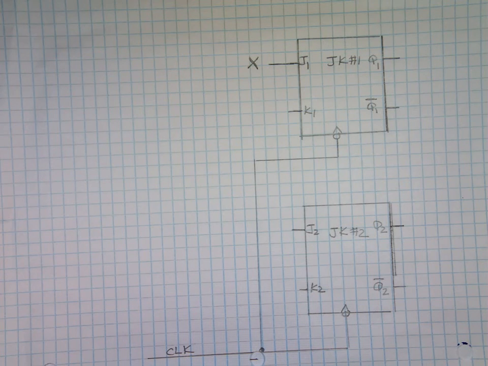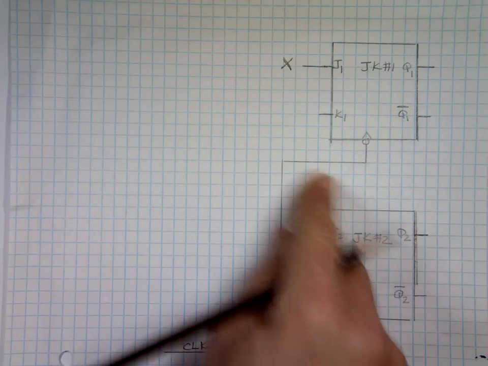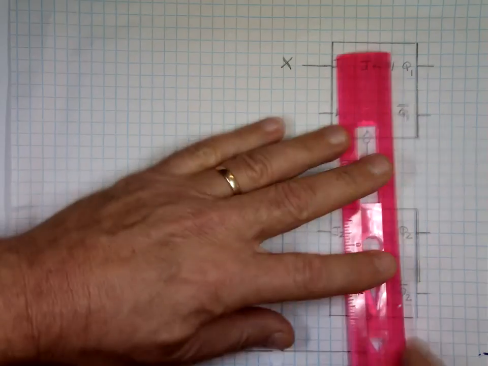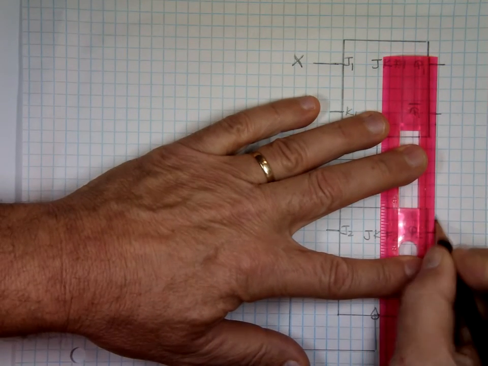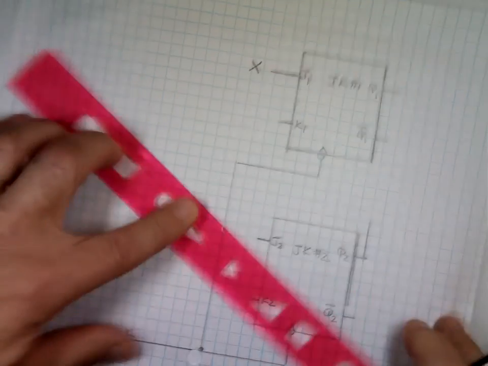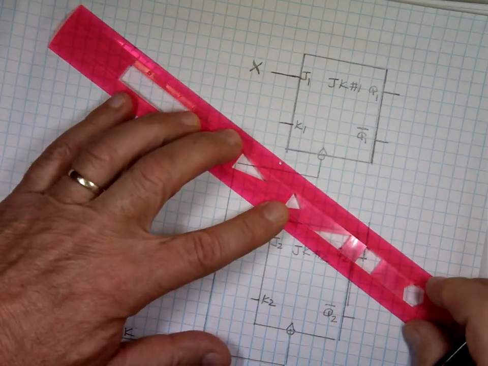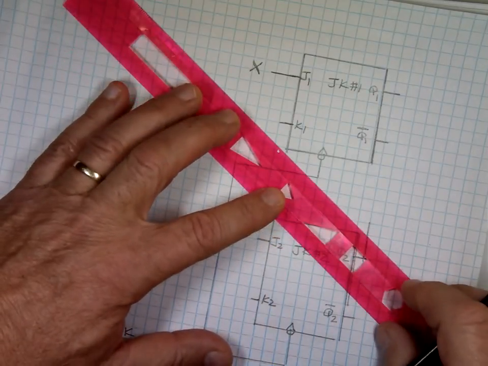K1 is attached to what? Q2, right? So I'm going to take the output of this, feed it to this one. I'll just go diagonal here.